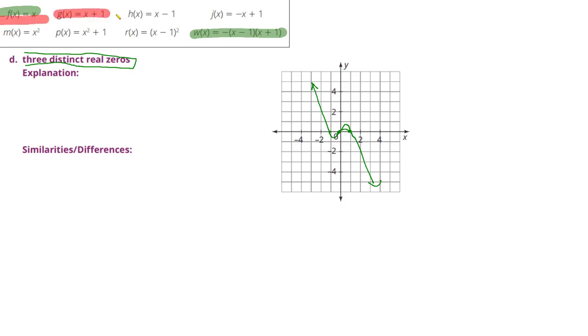Another option you could have done would be this one. So what's different between those two? I think it's just the same thing. They have the same zeros and it's a different direction. Yeah, so it's the same as what we just said.